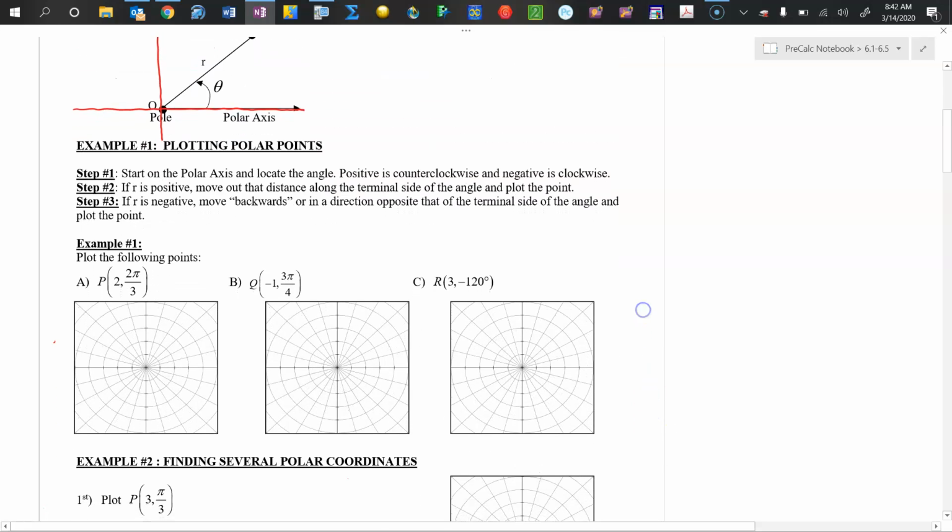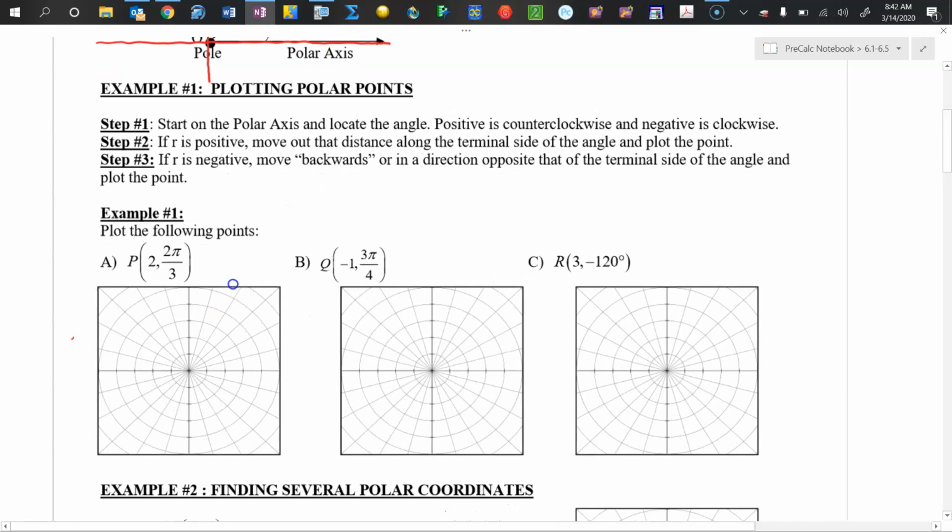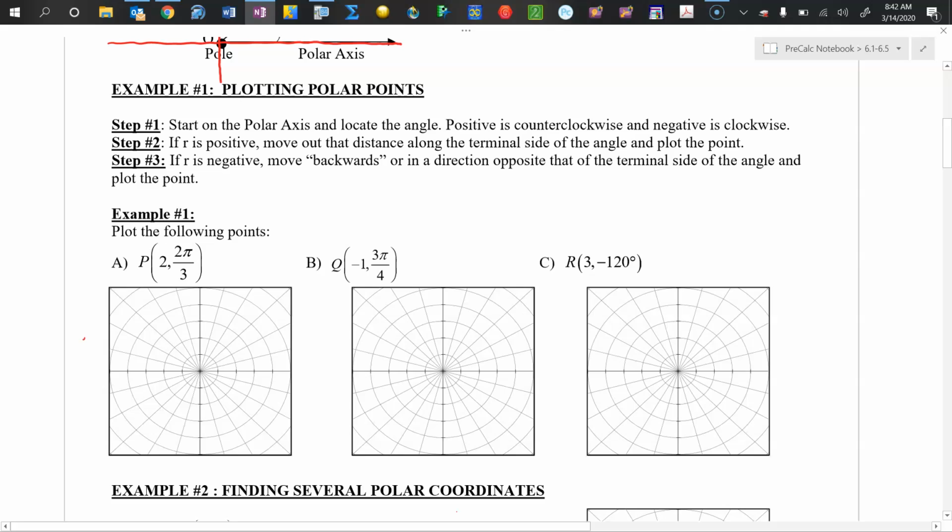I'm going to scroll down here to these three examples, and we are going to start with point P, which has polar coordinates 2, 2 pi over 3. We start at the pole, we draw in our polar axis for a reference, and we are going to rotate in a directed or positive direction an angle of 2 pi over 3. We're going to consider this angle pi over 6, and this angle pi over 4, and this angle pi over 3.